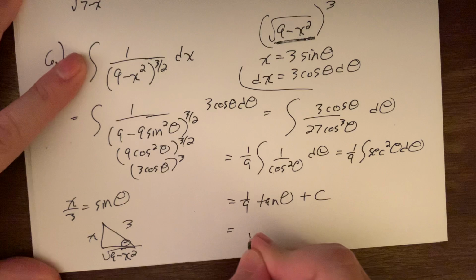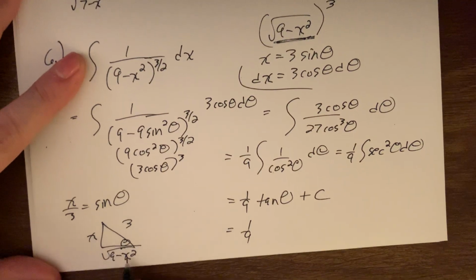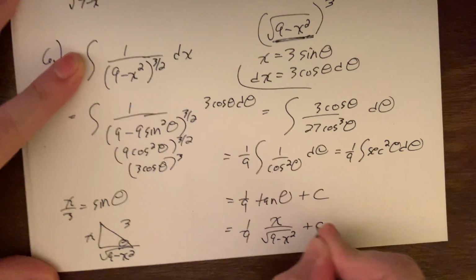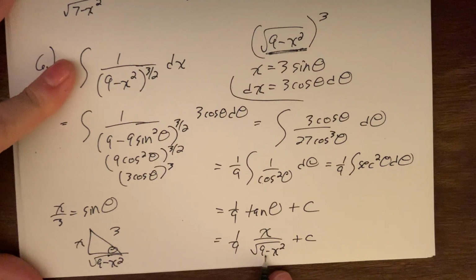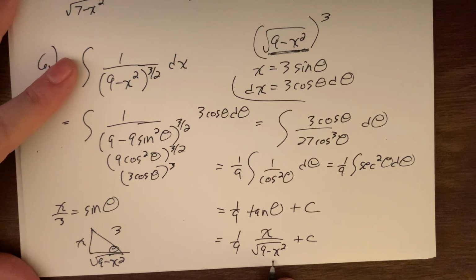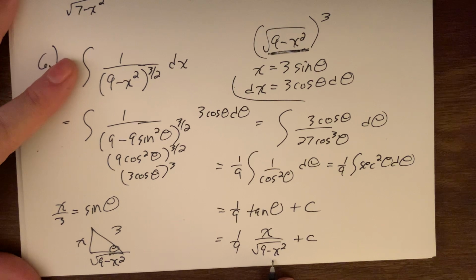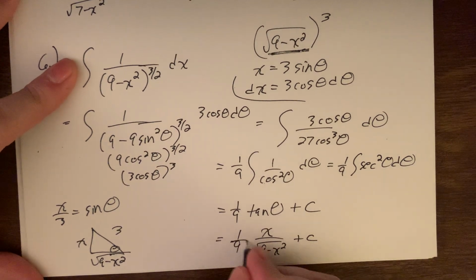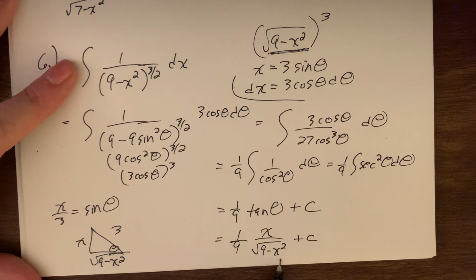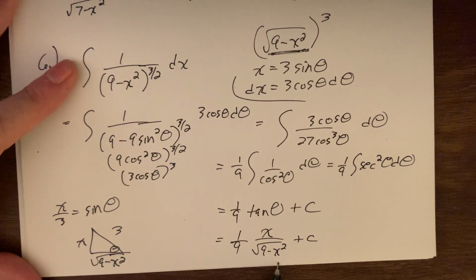And we wanted tangent here, so opposite over adjacent, x over the square root of 9 minus x squared. Very quickly right here, don't rationalize this, everybody. There's no good reason to do that. I know, especially going back to pre-calculus and some of the trig classes, having a radical in the denominator, it's not wrong, it's just bad form.